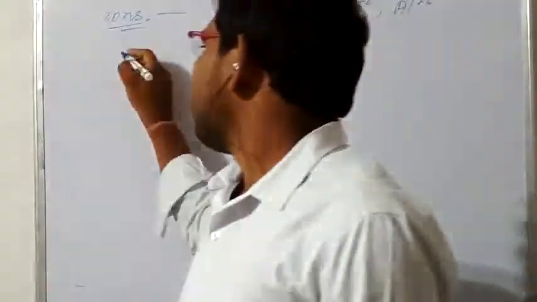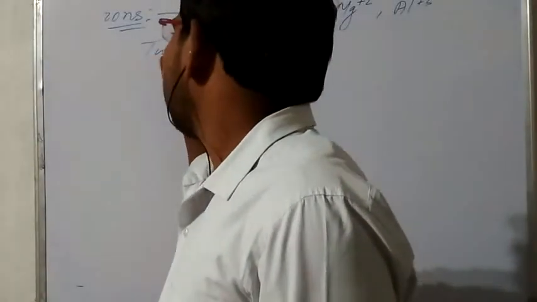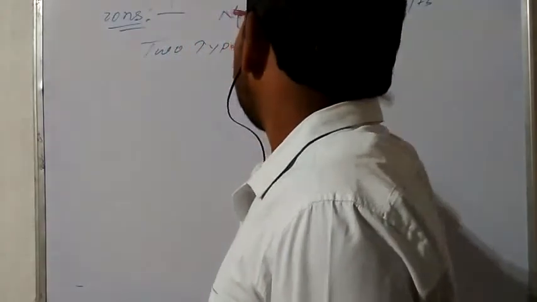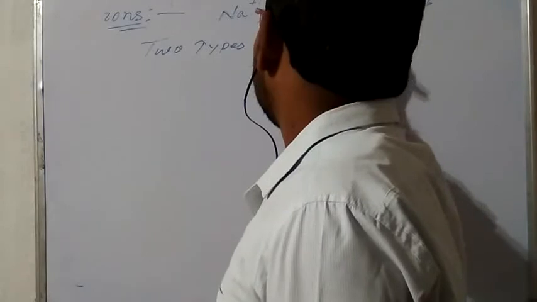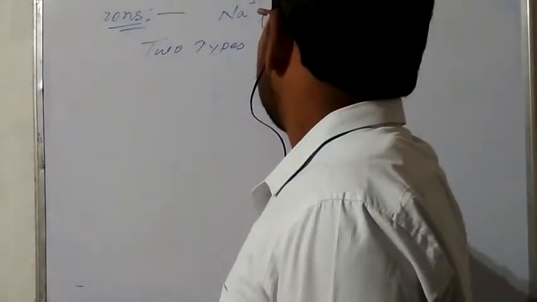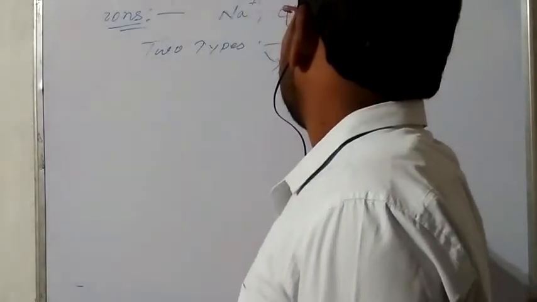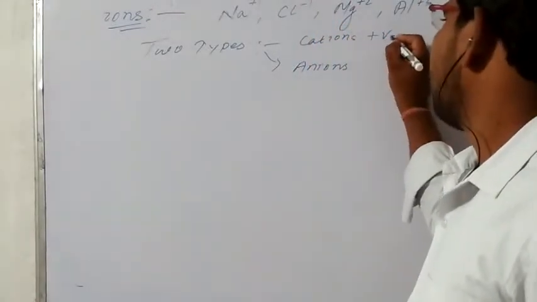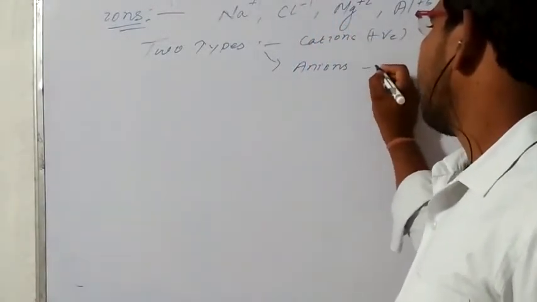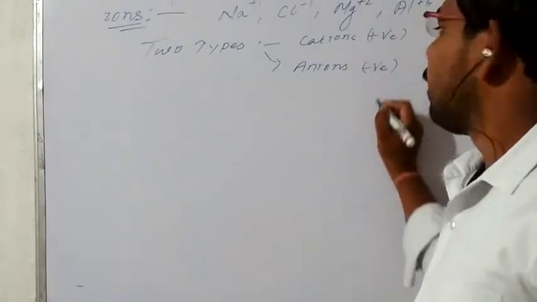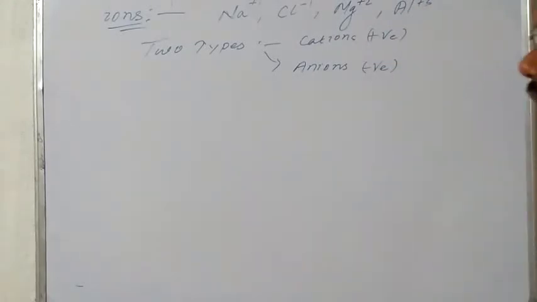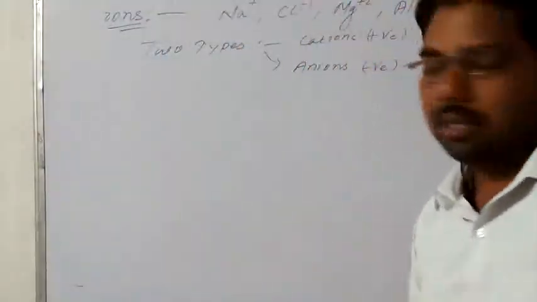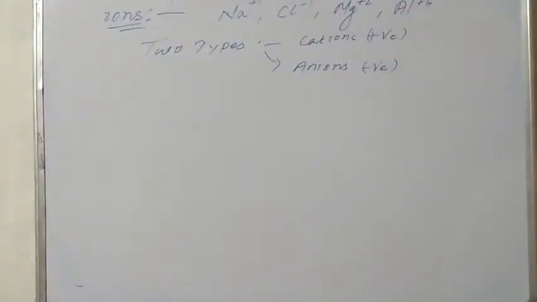So ions mainly have two types: one is the cation and one is the anion. A cation is a positively charged ion and an anion is a negatively charged ion. Now we discuss some cations or positively charged ions.